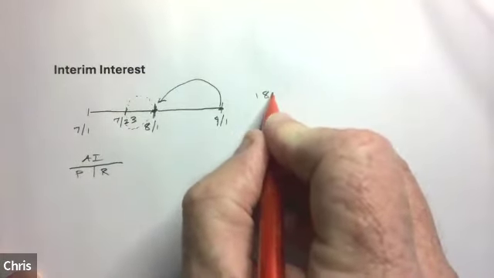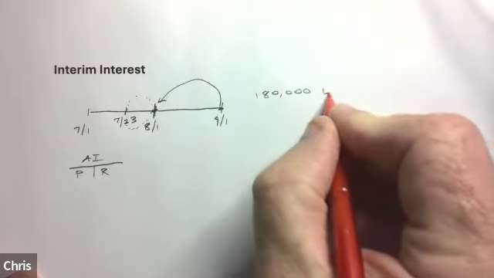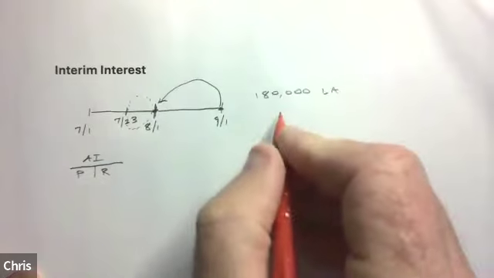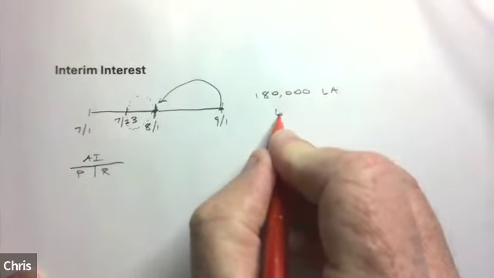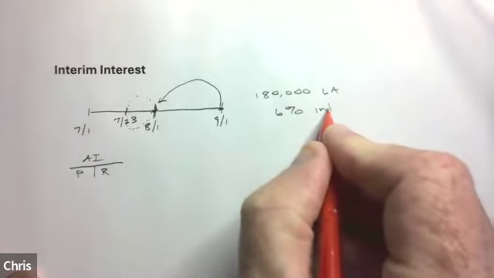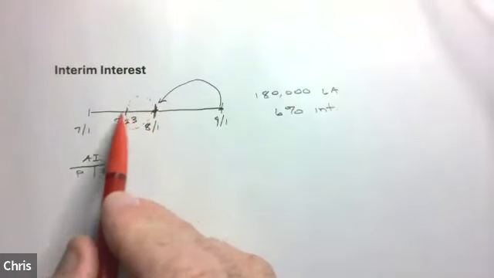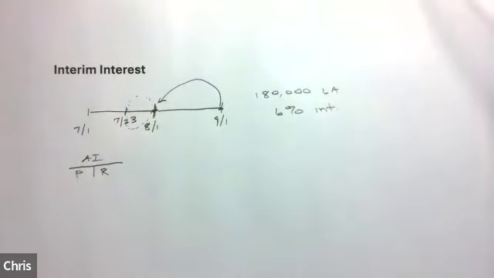That's a $180,000 loan amount. It'll either tell you that or give you a way to get to the loan amount. It's 6% interest. And the question in this case is, how do we find the interim interest? How do we find how much interest there was for this little period of time right here?